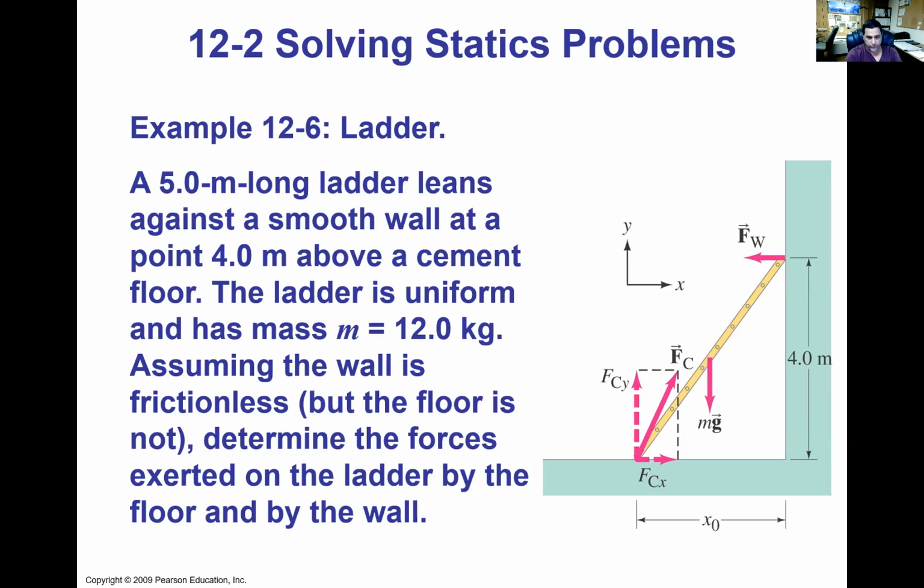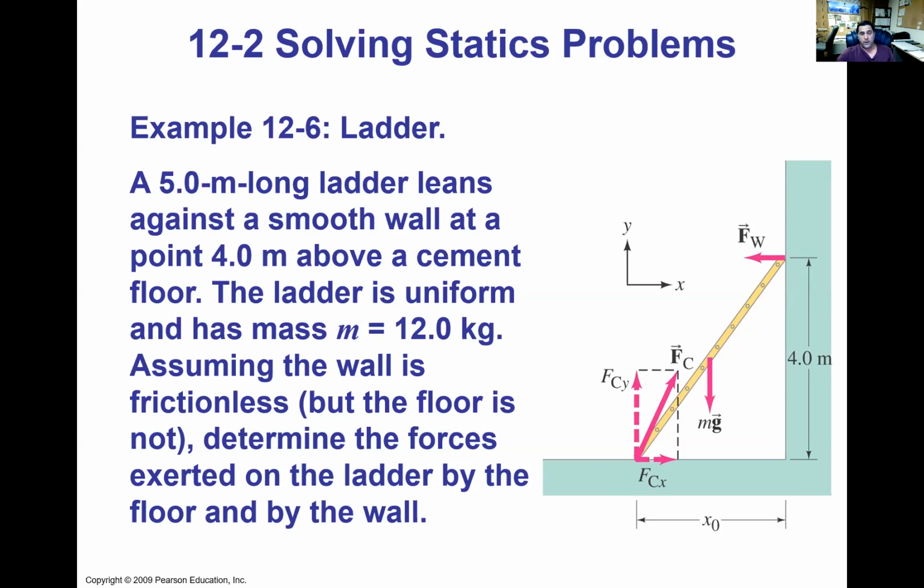Assuming the wall is frictionless but the floor is not, they want us to determine the forces exerted on the ladder by the floor and the wall. So what they're telling us here is if this is frictionless, this is my only reaction force.